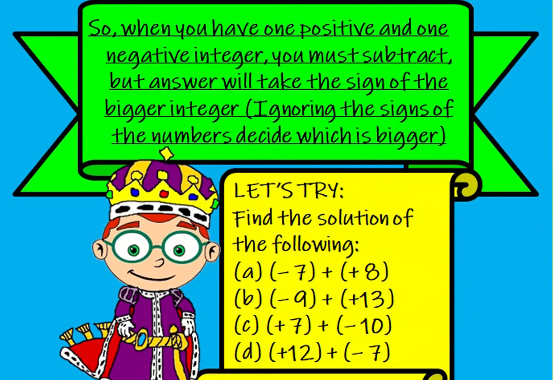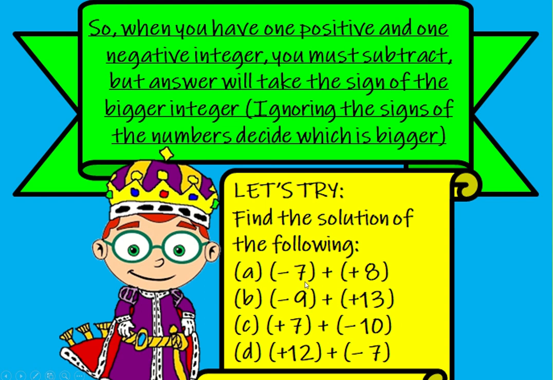Now next, when you have one positive and one negative integer, then what will you do? I am taking the first example: minus 7 and plus 8. Both are unlike integers because both have opposite signs.